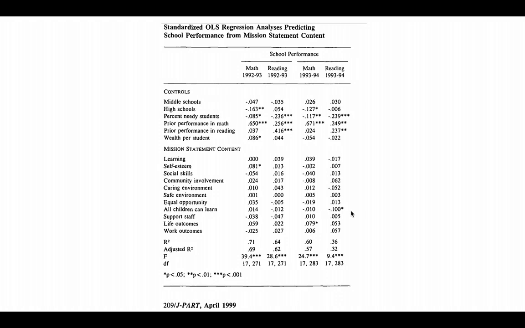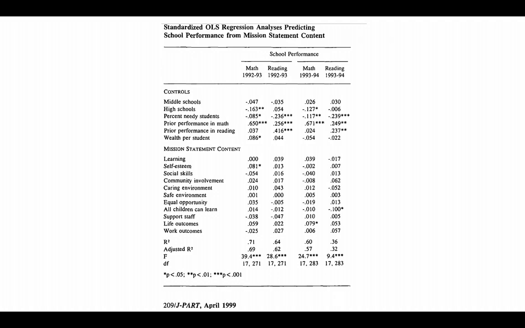So 1 unit change means if a school's mission contains "all children can learn," it will decrease students' reading score by 0.1 point, right? And the relationship is significant, which means if you emphasize "all children can learn," it's probably not good for their reading score.